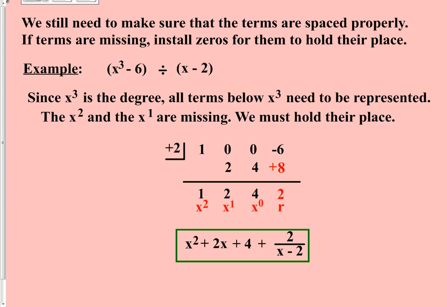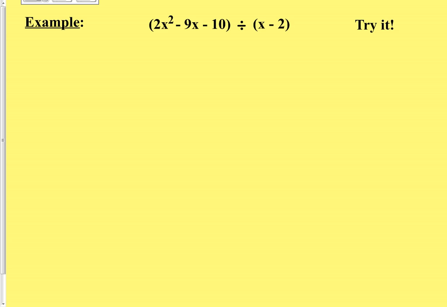So when it comes time to set up the problem, we have to make sure that we put placeholder zeros in there to preserve the fact that that space did belong to those dimensions. So you cannot skip the second dimension right there just because it did not show up in the problem. You cannot skip the first dimension right there because it did not show up in the problem. They must be spaced out correctly.